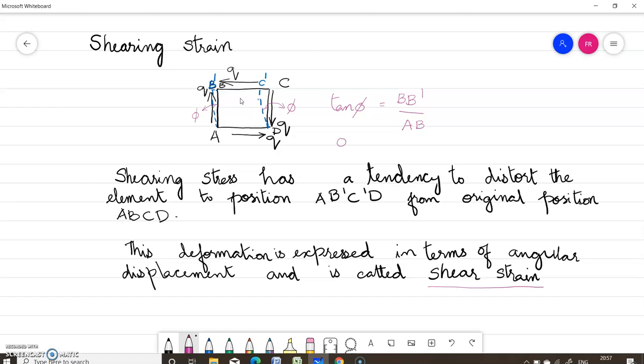Since this phi is very small, we can write phi equal to BB dash divided by AB. So this phi is known as the shearing strain.